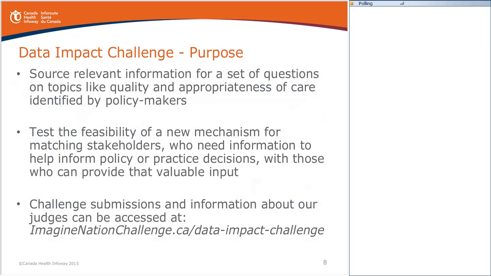It tested the feasibility of this new mechanism, matching stakeholders who have the information to the policymakers who want the information. You can look at all of the challenge submissions on our website.